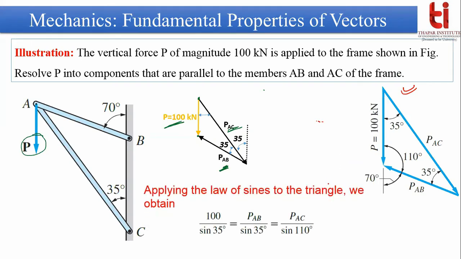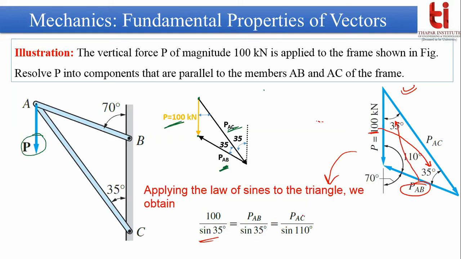And if you apply sine law corresponding to this triangle, you will get 100 divided by sine 35 degree. So what is this 35 degree? Angle opposite to this vector P is equal to 100 kN. So this is the angle opposite to this vector. So we are getting 100 divided by sine 35. Then PAB is this vector, and angle opposite to this vector is this 35.